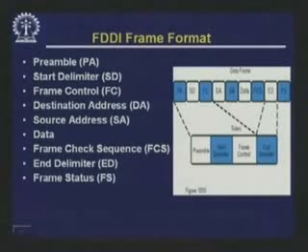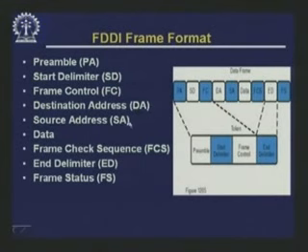This is an example of the FDDI frame format. It has a preamble. We will not go into the details of this, because it is not very important anymore, but such fields are quite common in many frames. We have a start delimiter, a frame control, and a destination address. This has to be there, because otherwise the station will not know that this particular packet is meant for it.